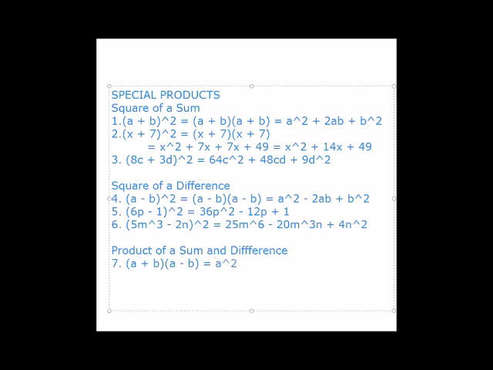Negative 2ab and then minus b squared. Okay, let us check from Hannah. Han, do you have the same answer? So L's answer is a squared minus 2ab minus b squared. Yes, ma'am. Do you agree?